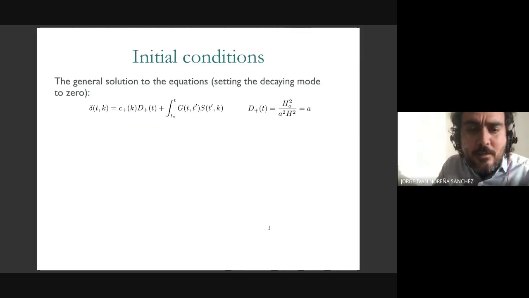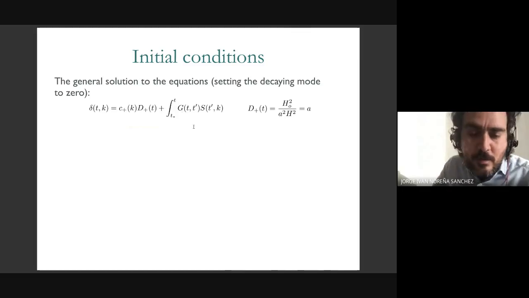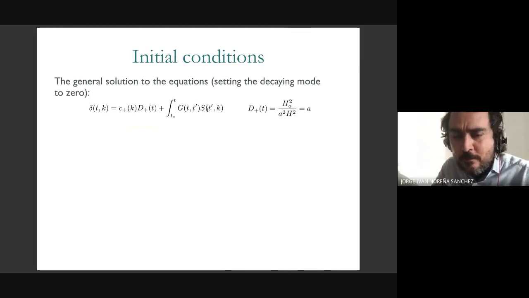One is that you have to be careful with your initial conditions. So the generic solution to these equations for delta will be the solution to the homogeneous equation, of which we only take the growing mode, as is usual, plus some term given by your source, where you also have your relativistic sources. And of course, this coefficient C plus depends on your initial conditions.